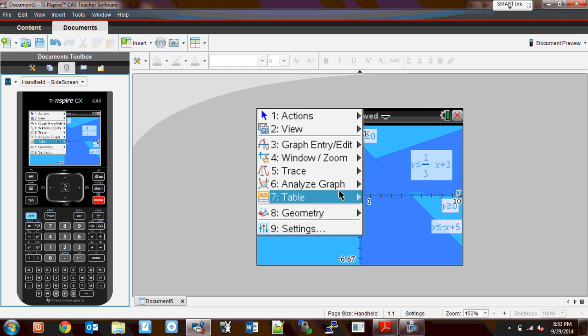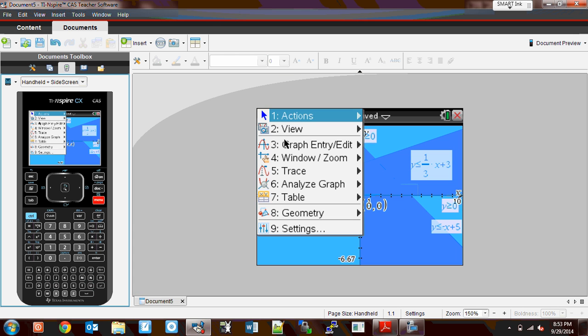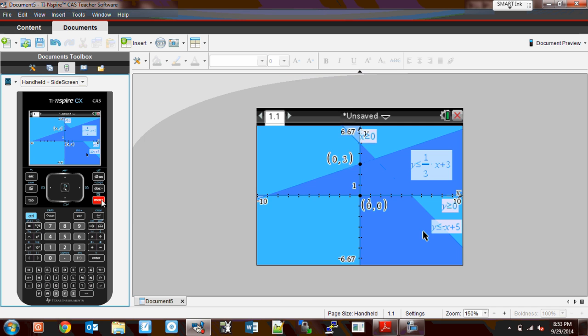So menu, analyze, intersection, pick here, first corner, second corner. Okay, so 0, 0. Menu, analyze, intersection, here and here. First corner, second corner, so 0, 3. Let's do it again.